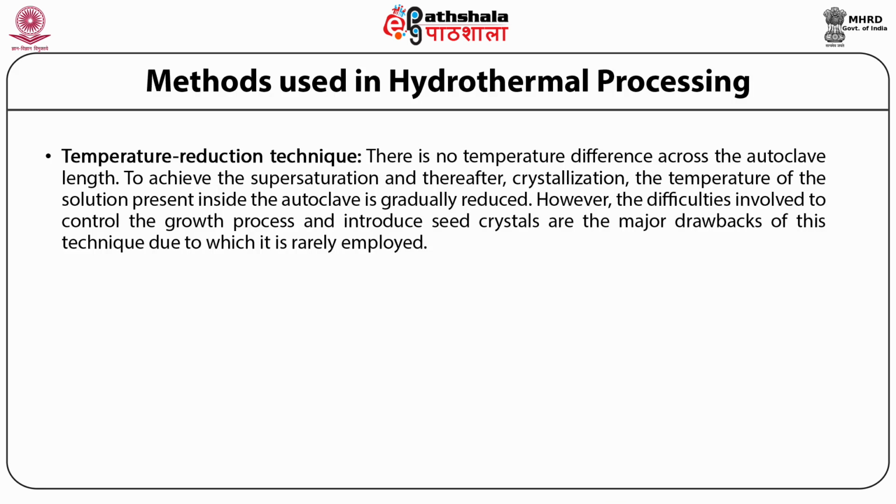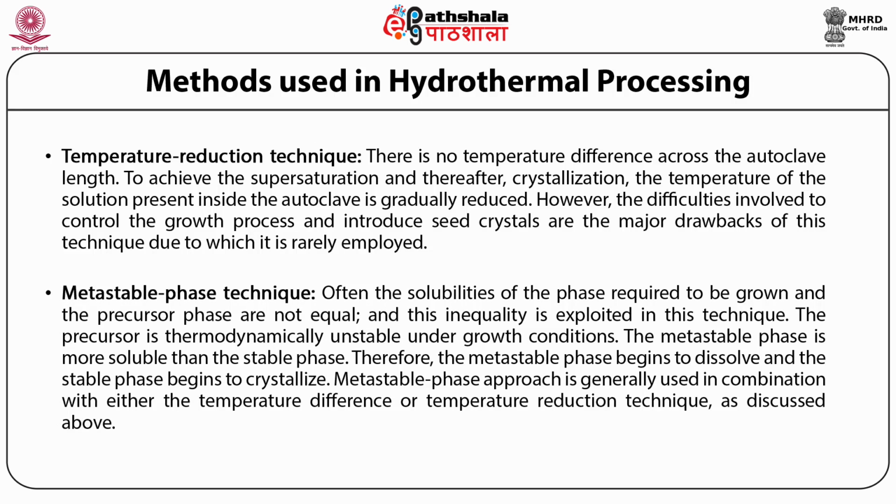The third method used for the hydrothermal processing is the metastable phase technique. Often, the solubilities of the phase required to be grown and the precursor phase are not equal, and this inequality is exploited in this technique. The precursor is thermodynamically unstable under growth conditions.